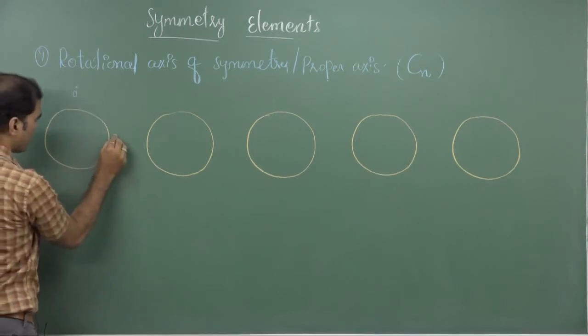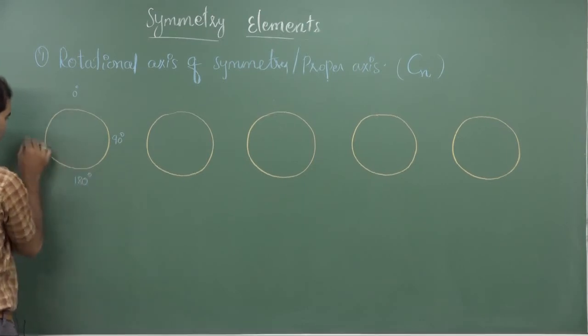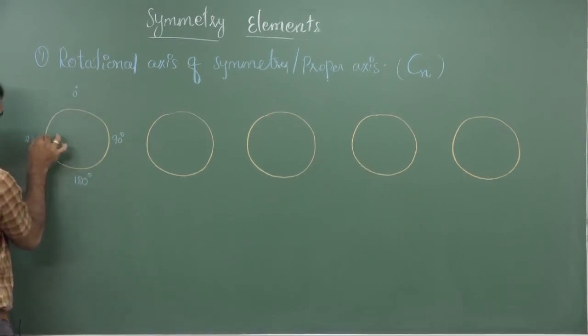If this is 0 degree, then this will be 90, 180, 270.